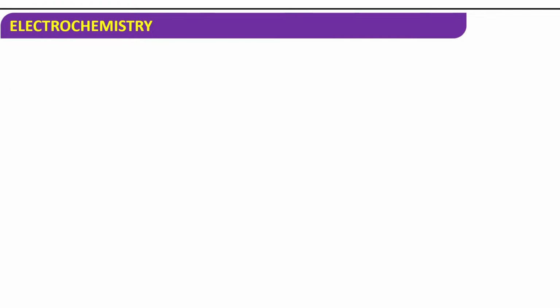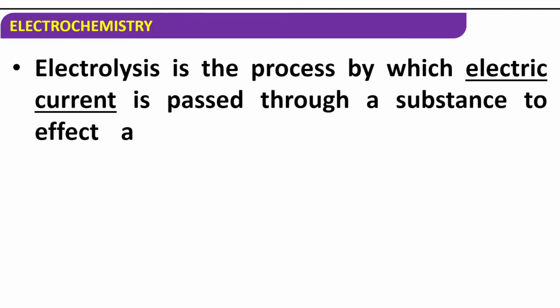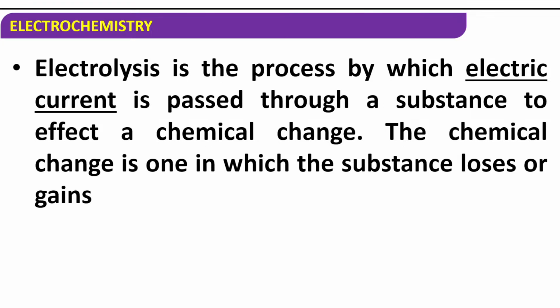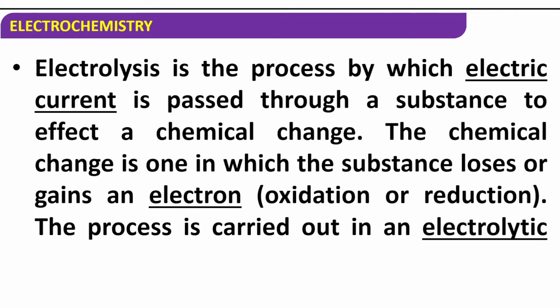Now, what is electrolysis? Electrolysis is the process by which electric current is passed through a substance to effect a chemical change. That chemical change involves a redox reaction, in which a substance either loses or gains electrons, that is, oxidation or reduction takes place. This process of electrolysis is carried out in an electrolytic cell.